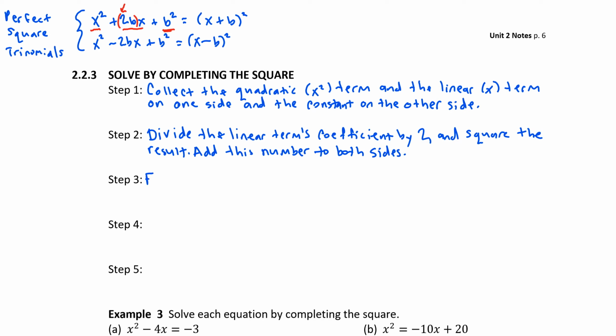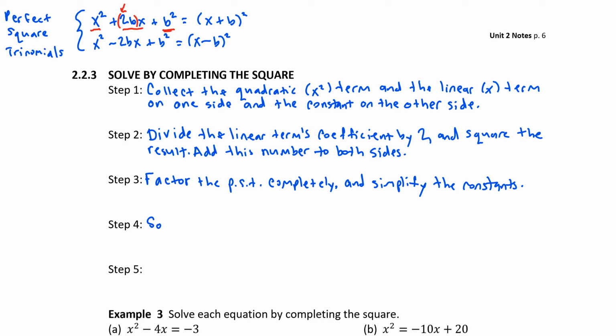Step 3, we will factor the perfect square trinomial that we form, PST, perfect square trinomial, completely, and simplify the constants. Once we have it factored completely and our constants are simplified, we are home free.